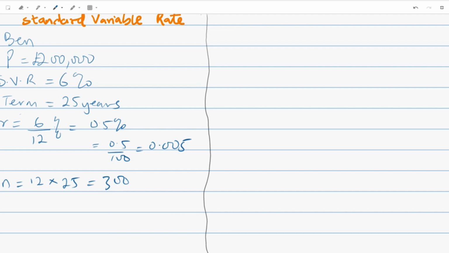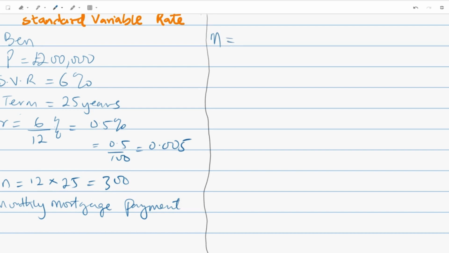Now, we need to calculate for the monthly mortgage payment. And if you remember, we did have a formula for that initially.